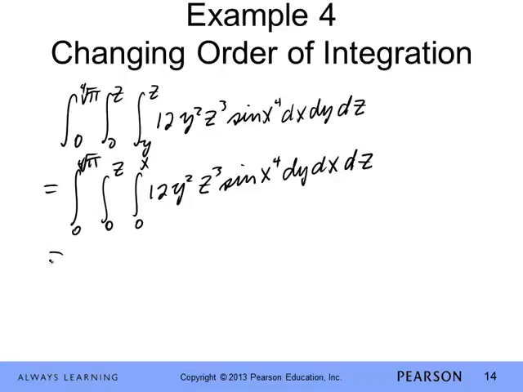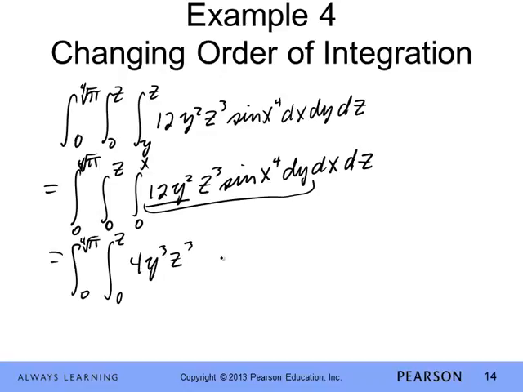Now, do you see what's going to happen when we integrate with respect to y? I'm just going to do this first step, and I'll let you carry out the rest. These things could take a long time. When we integrate with respect to y, the innermost integral is going to be 4y cubed, z cubed, sine of x to the fourth, evaluated between 0 and x, dx dz.